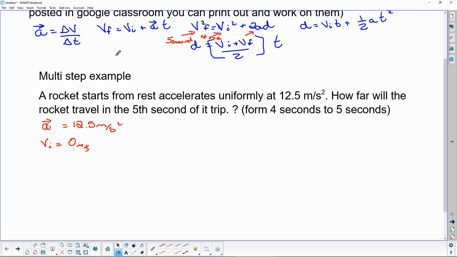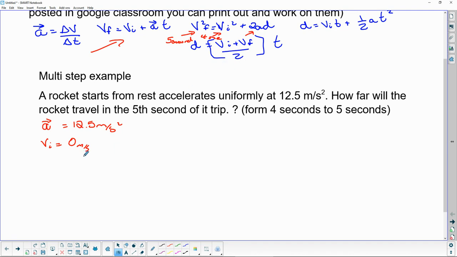So we're going to use this one first to get our velocity after 5 seconds. We know that it starts at 0. So we're going to apply this one twice and then apply this one once to get the distance.